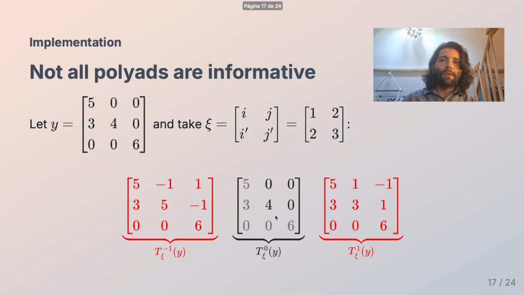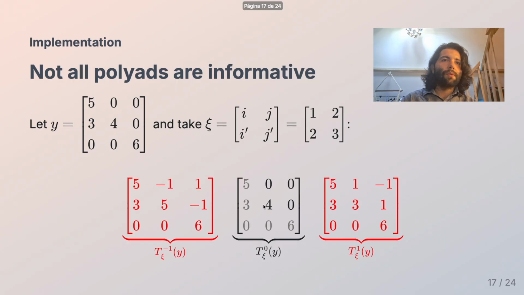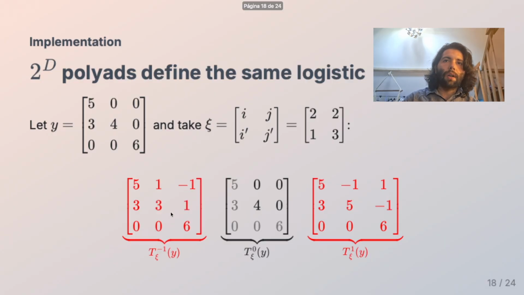So going forward here will look like going backwards here, and going backwards here will look like going forward here. But in the end, the classification problem that we have is the same. The logistic is the same. So there is no need to go over all these permutations. We can always pick only one permutation.